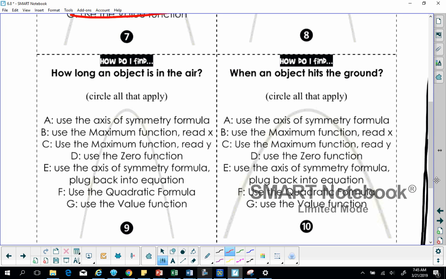Oh, x-intercept. Come on. X-intercept, because you're figuring out how long until it hits the ground. So, Tanya, which ones would I circle? There's just two that I would circle. Which ones would give me my x-intercepts?